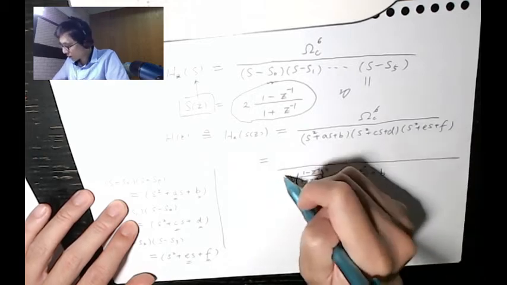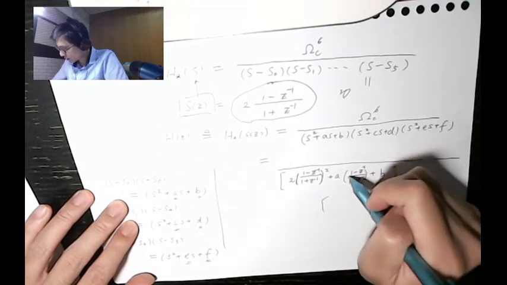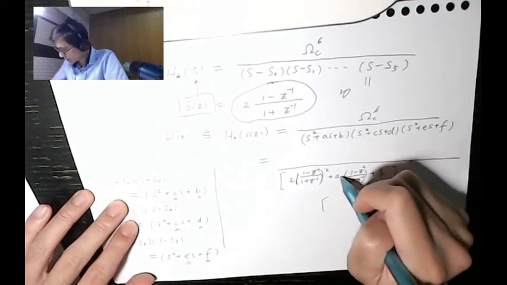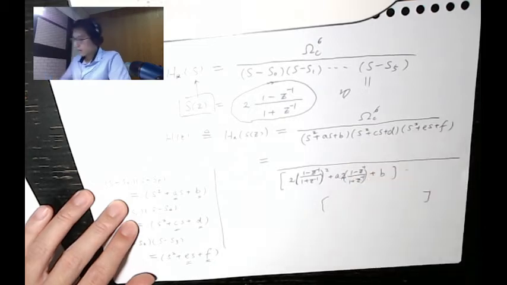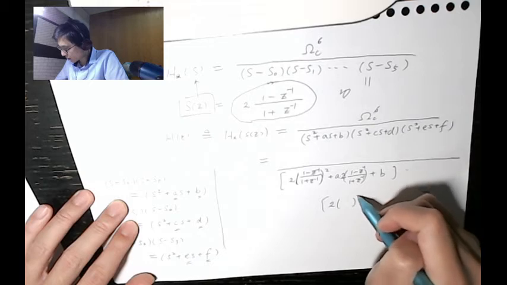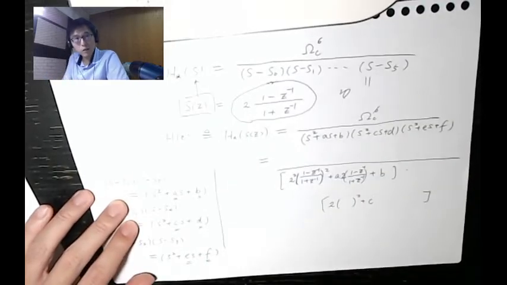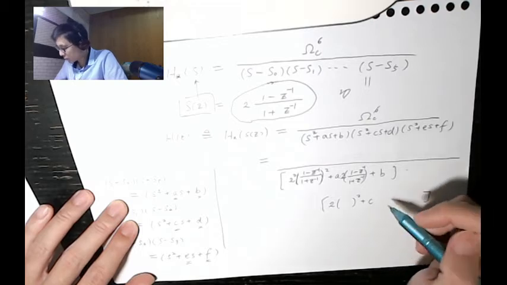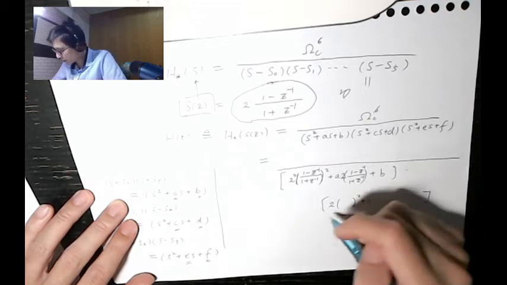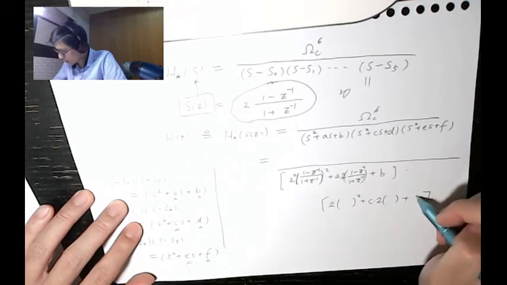That's one part, as well as the second part. Again, I forgot about the factor of 2. Similarly, 2 times that squared plus c times, no, actually this is 2 squared. So you see there are a lot of places you might make mistakes, but please be careful. 2 times that plus d, and so on and so forth.